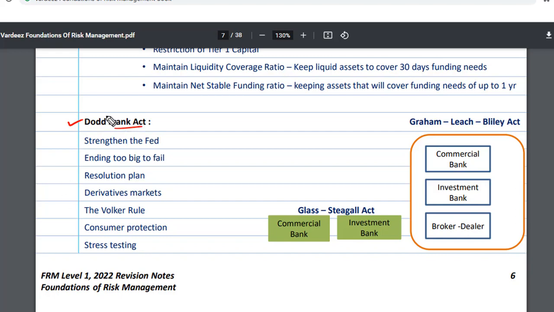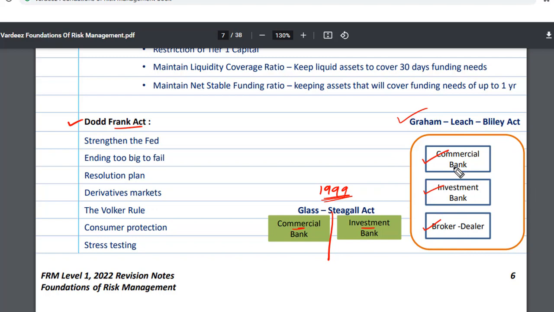Okay. Another thing that happened apart from Basel was the Dodd-Frank Act. Before we understand this Dodd-Frank Act, let's understand that prior to it, there was the Glass-Steagall Act in place, which separated the commercial bank and the investment bank. But this was abolished in 1999, and the Gramm-Leach-Bliley Act was formed, wherein the commercial bank and the investment bank as well as the broker dealer can all function under the same roof.